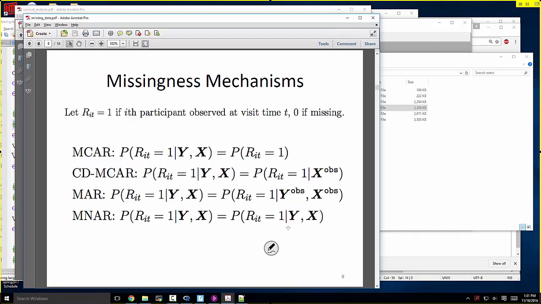The probability that you drop out depends on what your response would have been. For people who would have had worse responses, if they're more likely to drop out, then there's a problem. And this is much harder to deal with in practice.